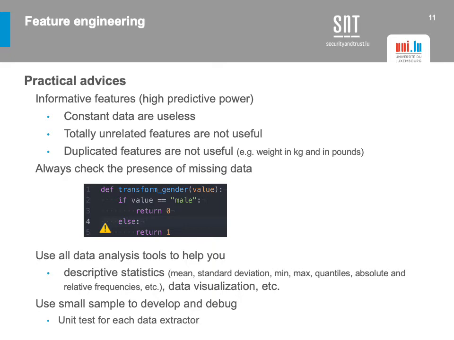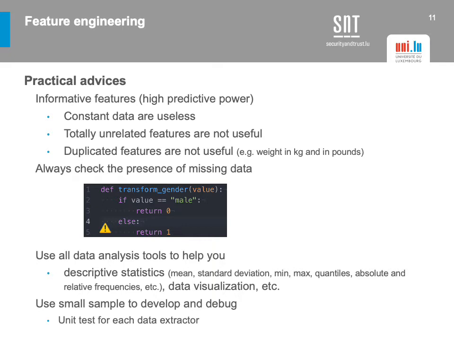Also, you can use a small sample. One useful thing to do is to use a small sample to develop and debug. Once you develop your feature engineering, if you work on pretty big data, it can take a lot of computation to run. If you take only a small portion of your data, it will be much easier to develop and debug at the beginning.